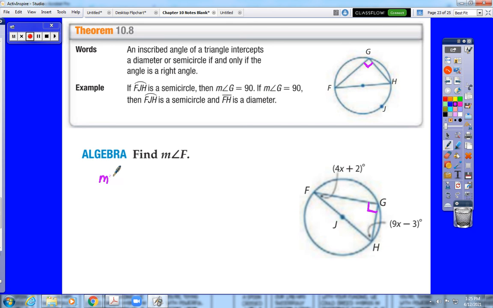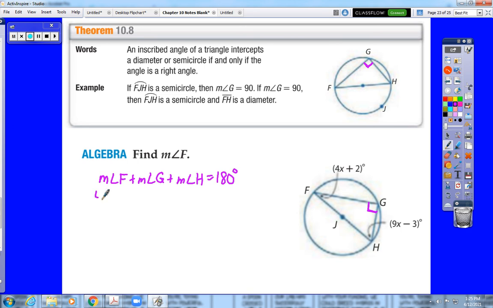So that allows us to write an equation, angle F plus angle G plus angle H has to be 180, which will allow us to find the value of x, which will then allow us to find angle F. So we plug in what we know.